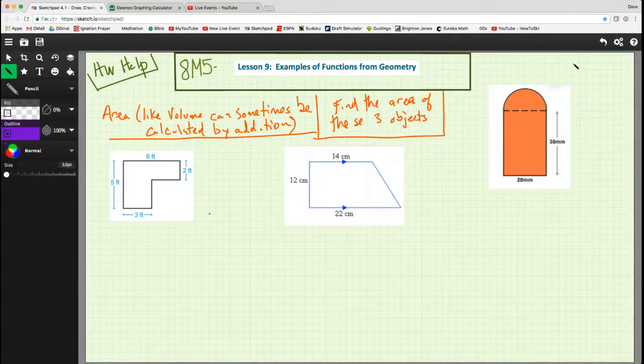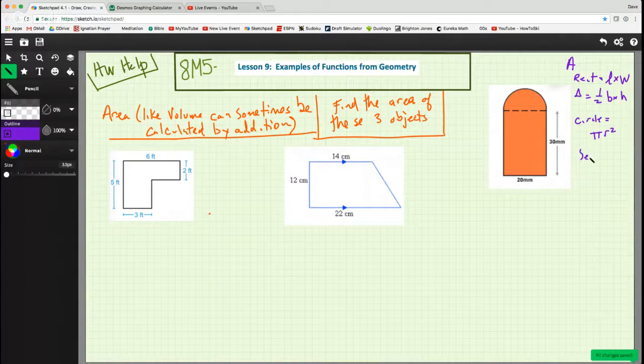So let's remind ourselves that the area of a rectangle is length times width. Of a triangle is a half of base times height. And then of a circle equals pi r squared.